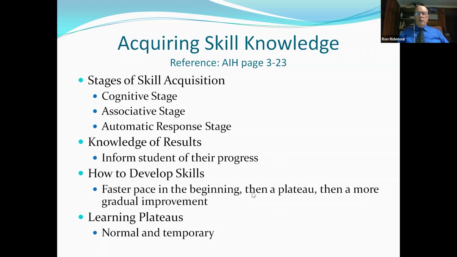Fast in the beginning. Young learners, I find, are more in tune to that too, because they seem to absorb the learning better. I know that I don't absorb learning as quickly as I once did. I still feel like I have a fairly good ability to learn things, but it's not what it was when I was 18 or 20 years old.